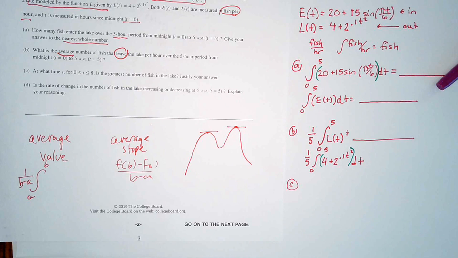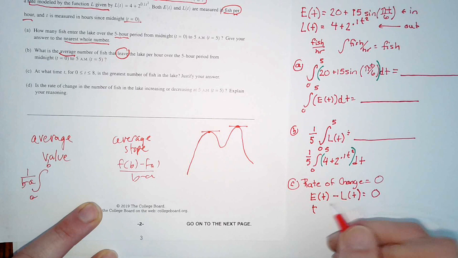I'm going to hit enter, then control enter to get a decimal answer: 153.45. They wanted it to the whole fish, so my correct answer here is going to be 153 fish.